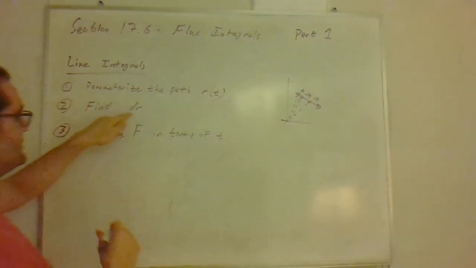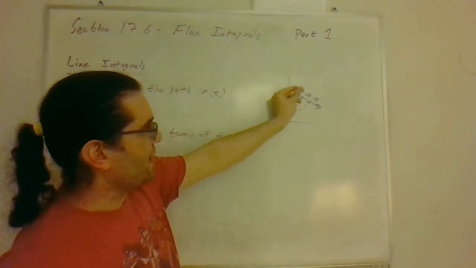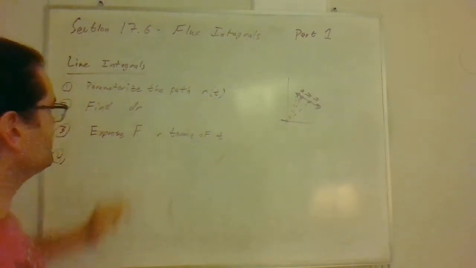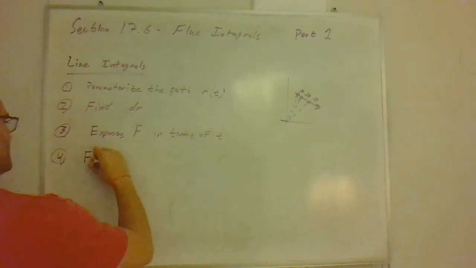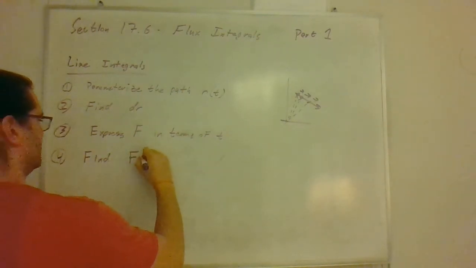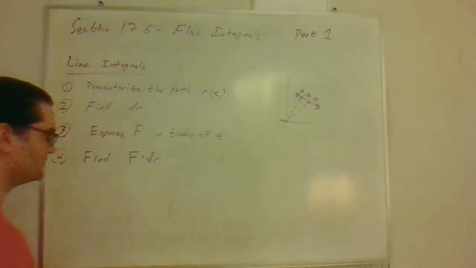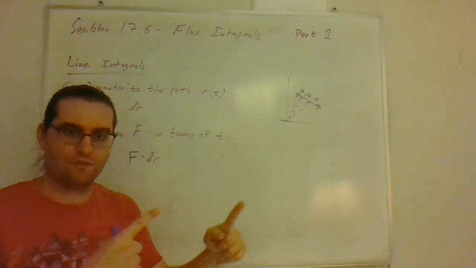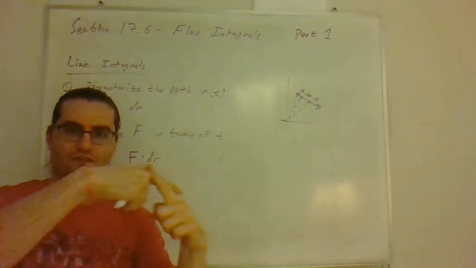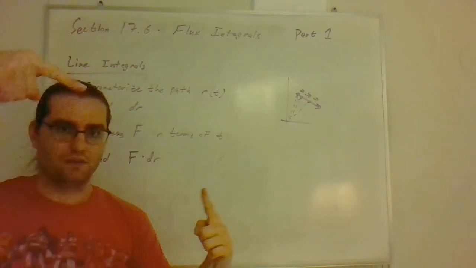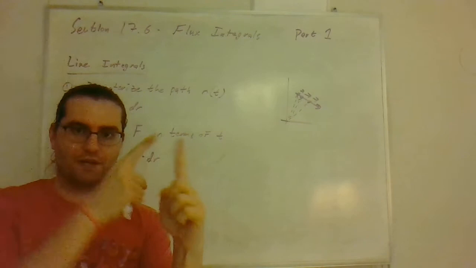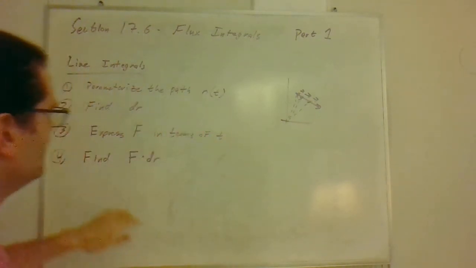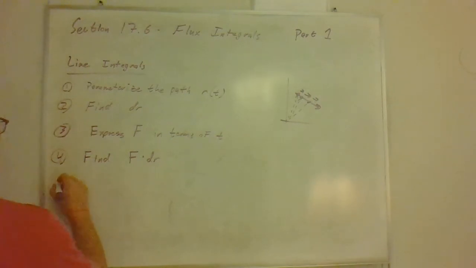So once we have dr, the tiny little chunks of path through the vector field, and we have a vector field in terms of the same variables, we can take the dot product to see whether they align, whether they have no interaction, or whether they oppose. Alignment is when they both point in the same direction. So this will give us a sense of that.